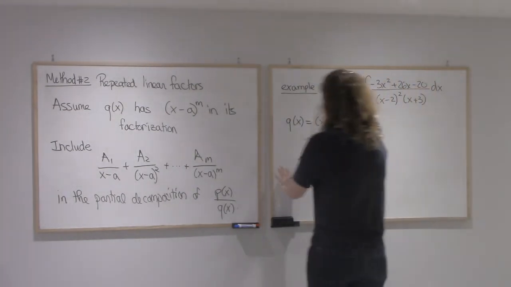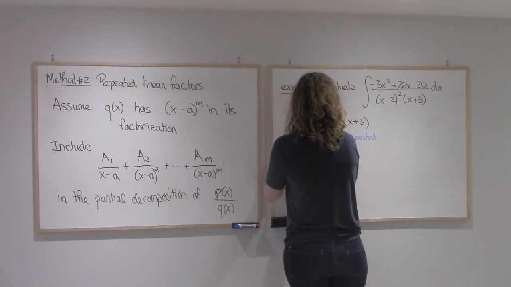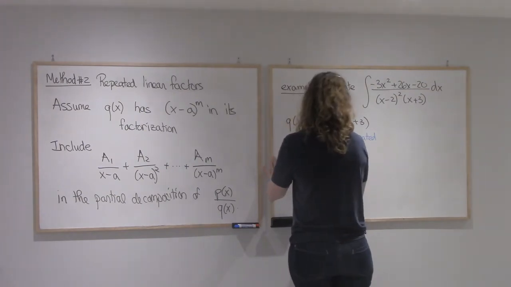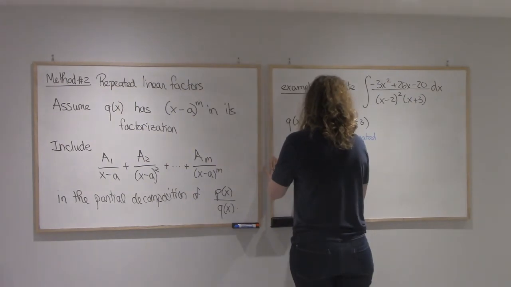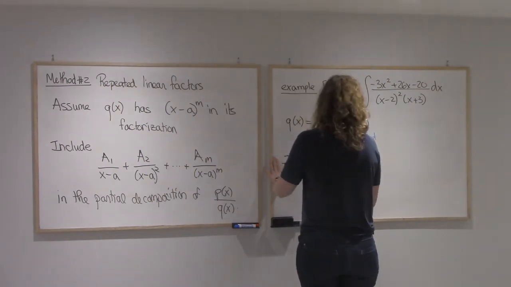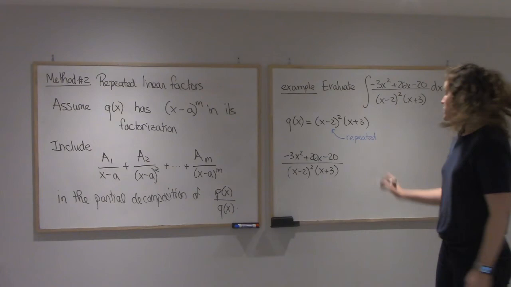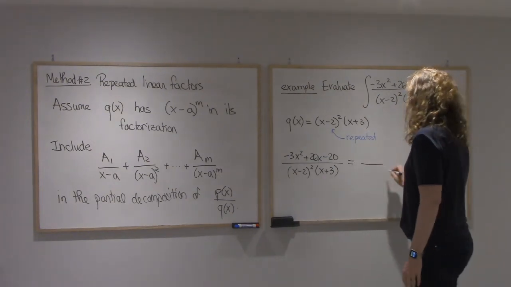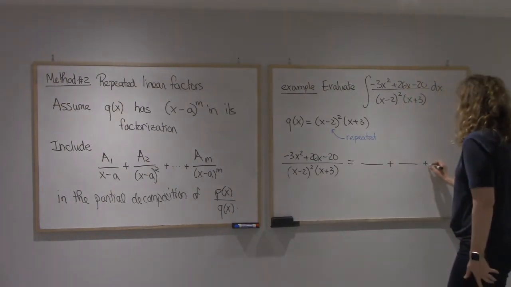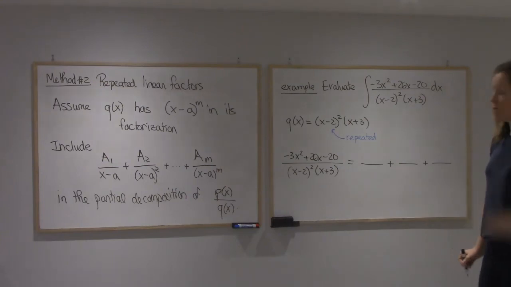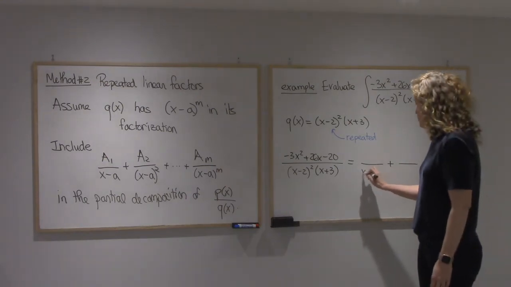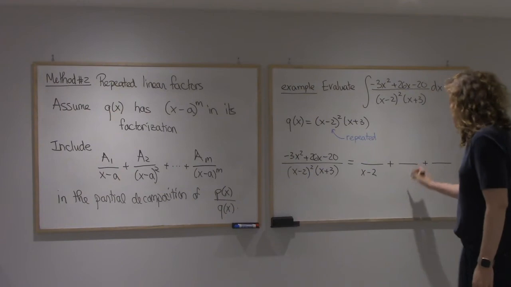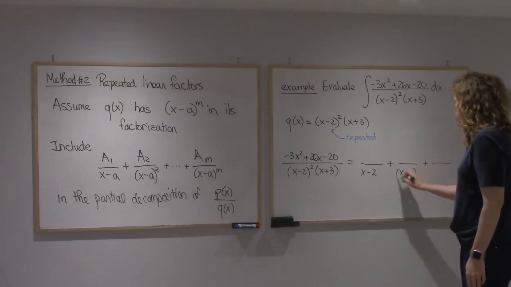So here we're going to take our fraction, we'll need 3 different blocks for it. The first one is x minus 2, second one is x minus 2 squared.